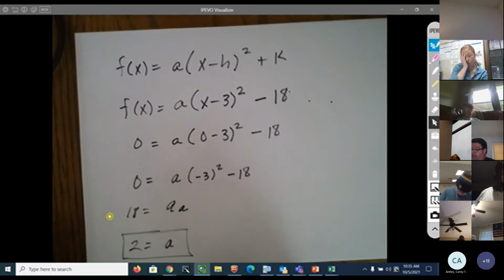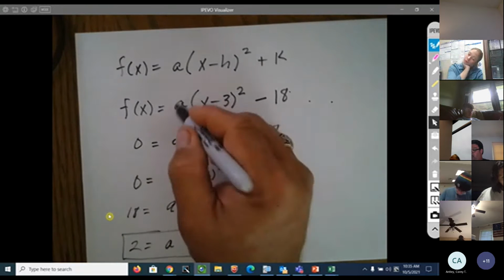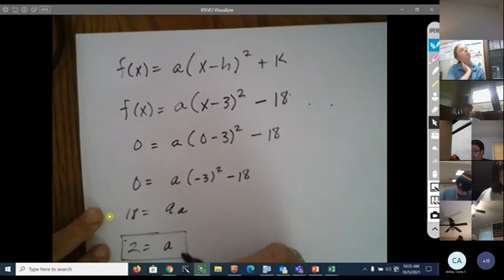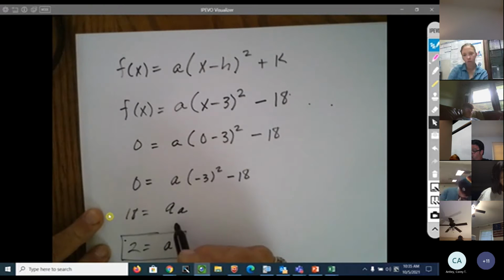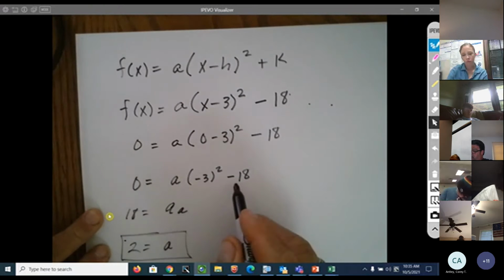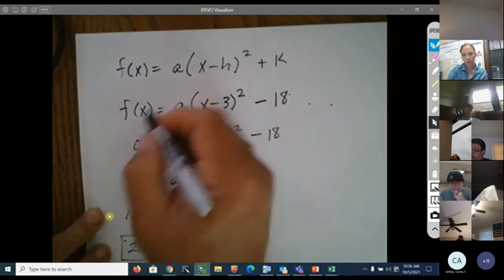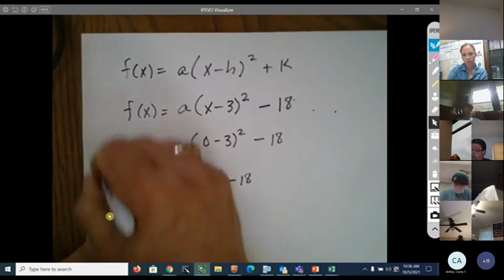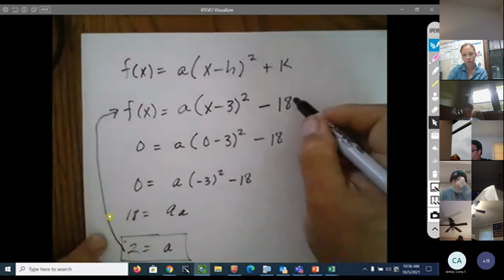So now you can just plug everything back in right here. Make sure it should be 2. Take that 2 and plug it in right there.